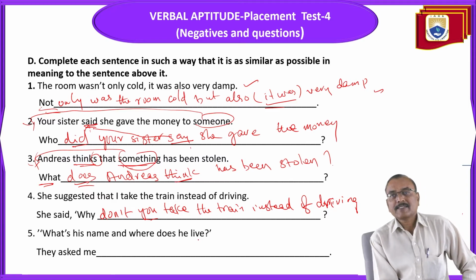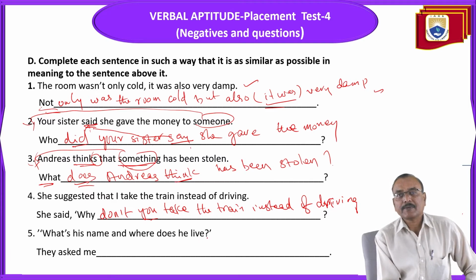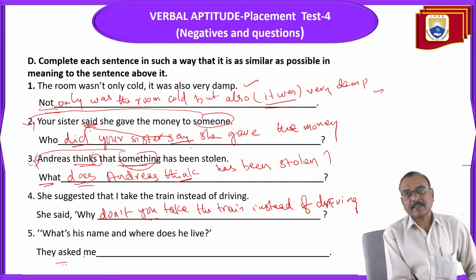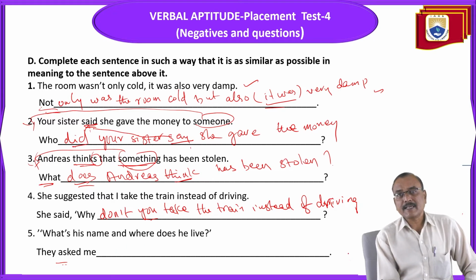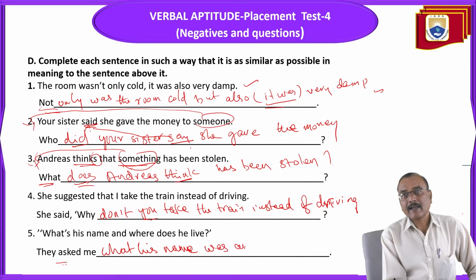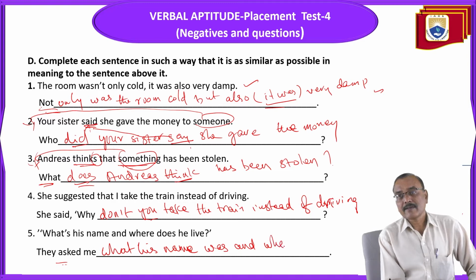Next. What's his name and where does he live? They asked me. That is in the past only. So in the statement, it should not be inverted. They asked me what his name was and where he lived.